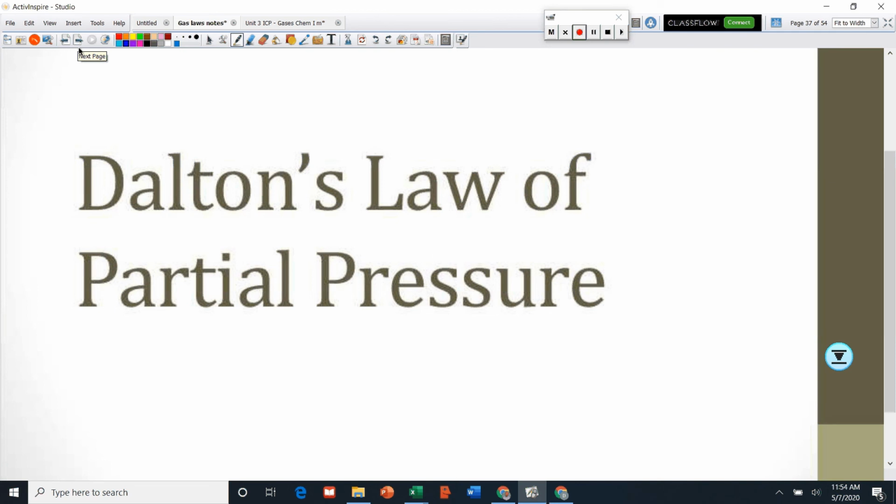Basically, what Dalton says is that if we put different gases in a container, so we have N1 plus N2 plus N3, we're going to have in total that many molecules of gas, and it could be a mixture of gases.